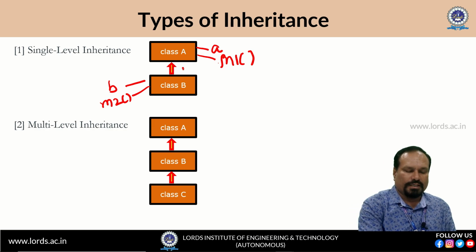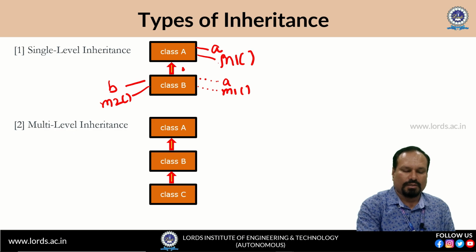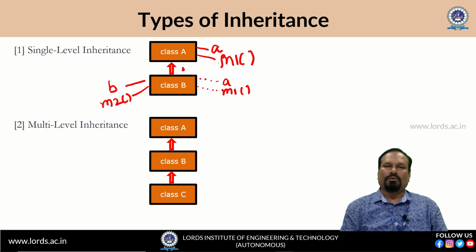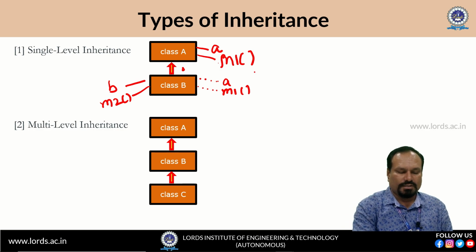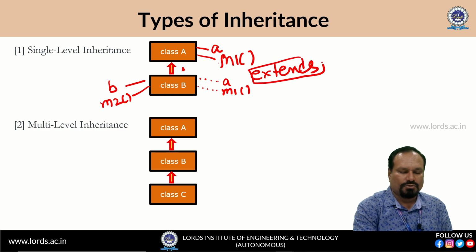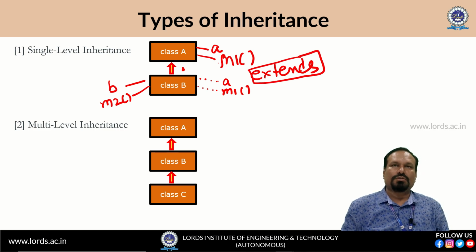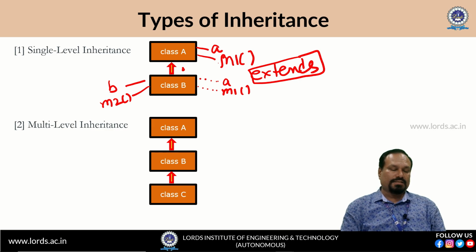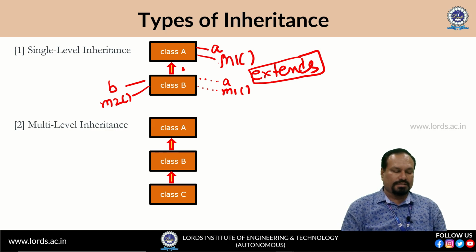If we perform inheritance at this point of time, after inheritance, along with B and M2, A and M1 will also be available here. That is what we are talking about in inheritance. How we are going to perform it? Anyhow, you will be seeing, but we need to perform it by using the keyword extends. So you should not forget that we use the keyword extends to perform inheritance.